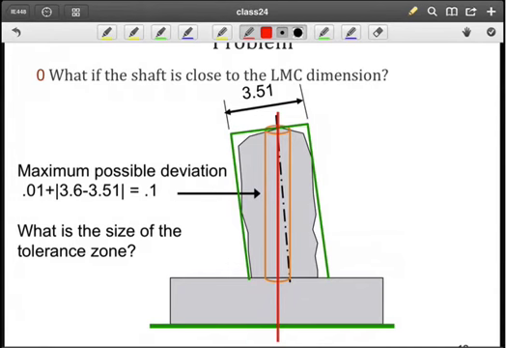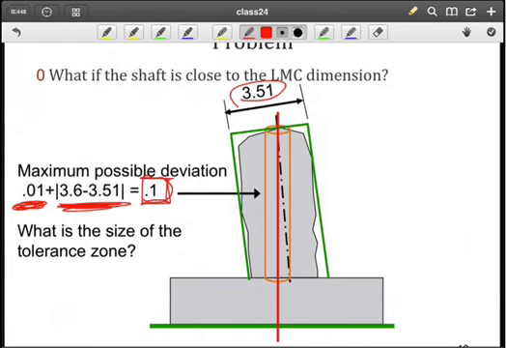Well, if I look at my tolerance zone, essentially we're saying it would be 0.01 plus the difference between maximum material condition and this actual dimension. Because, again, we're creating our gauge at 3.61. So, in effect, the width of our tolerance zone is 0.1.